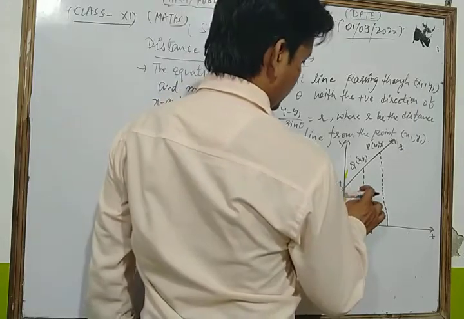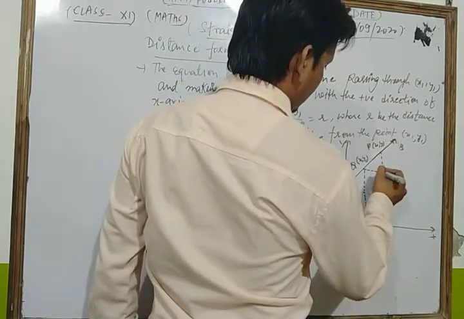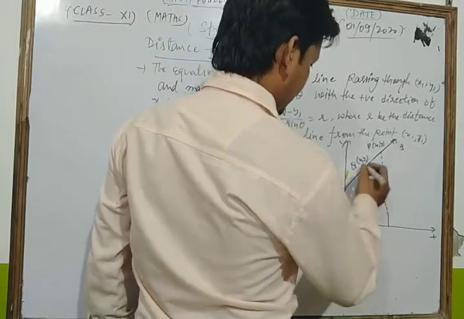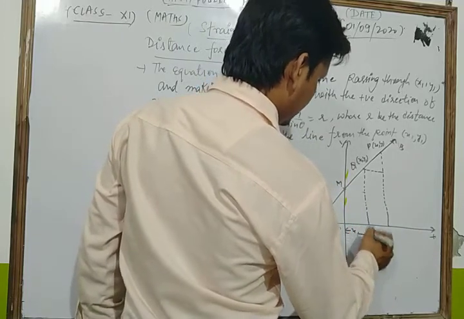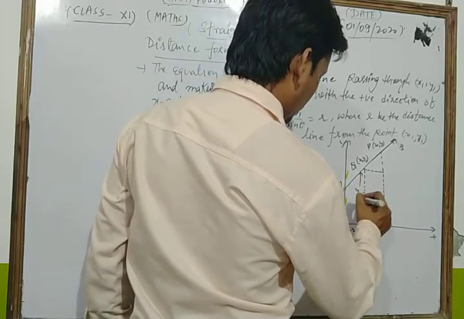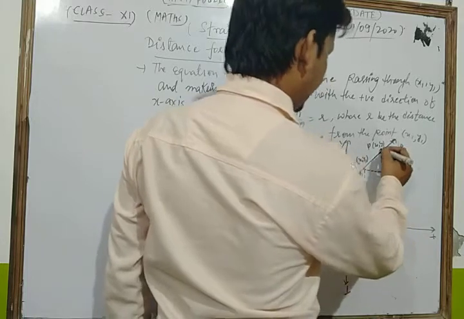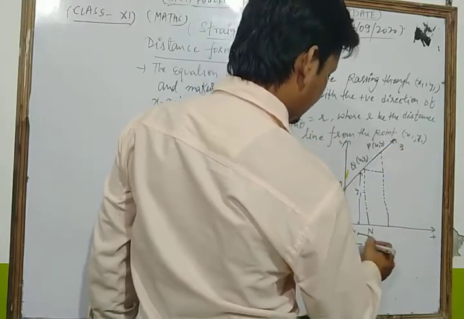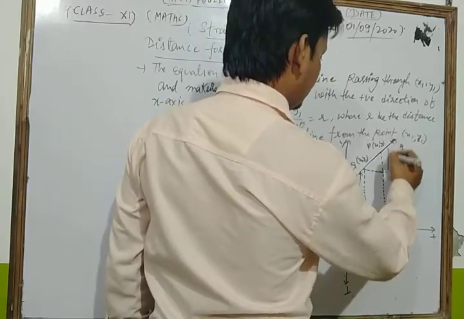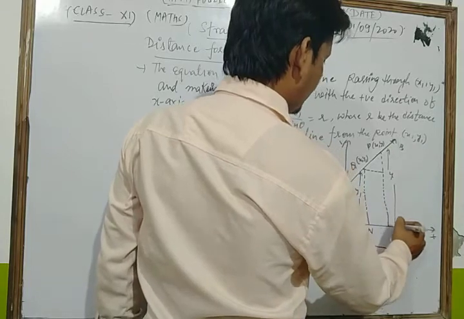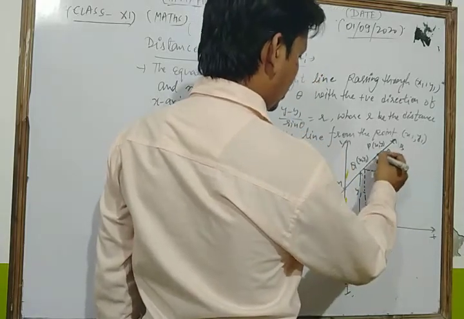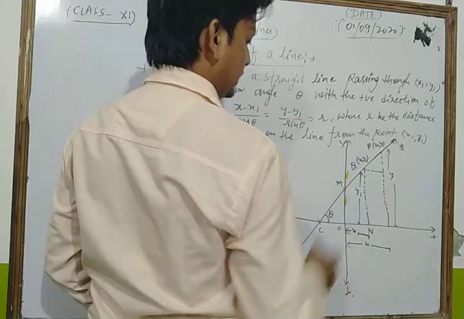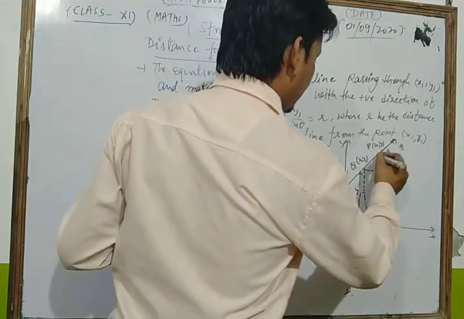Here we draw the perpendicular and that point is x1 and that value is y1. Similarly, we take (x, y), so this is x and that value is y. The distance of that point from the point (x1, y1) is r.